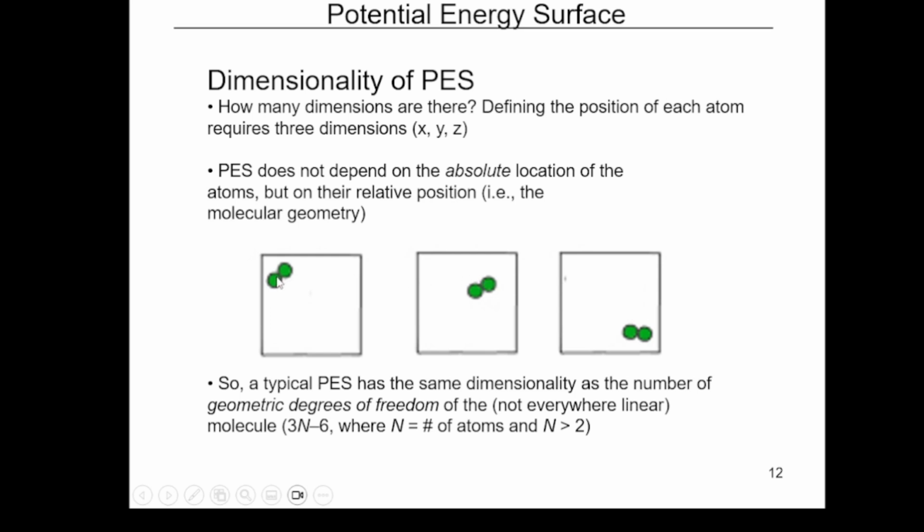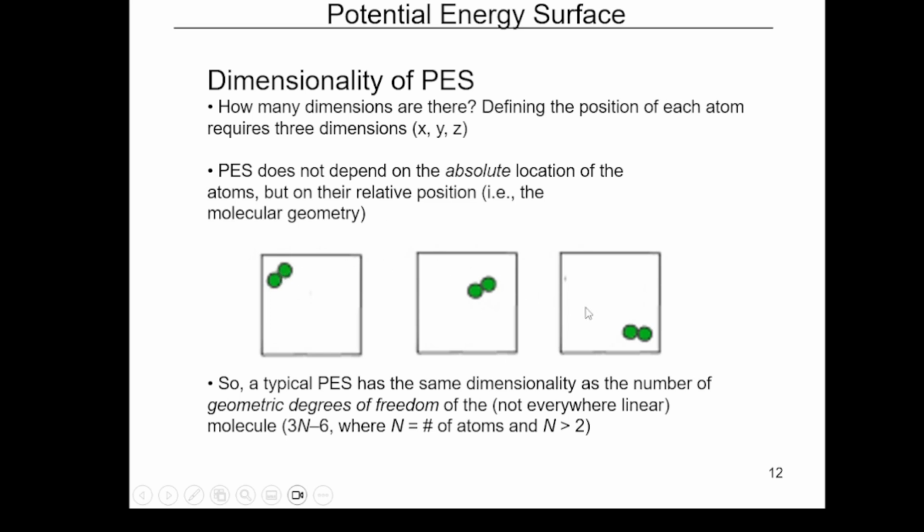So it means translation does not change the energy of the system. Similarly, if you rotate the molecule, rotation also does not change the energy of the system. So potential energy does not depend on the absolute location of the atoms, but on their relative position.